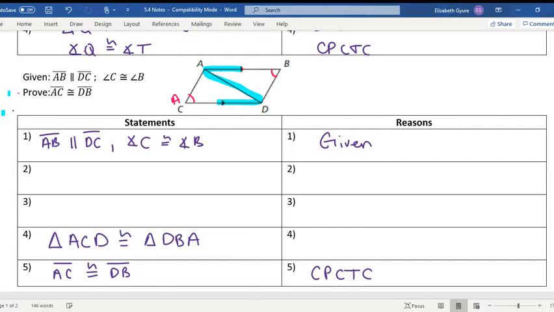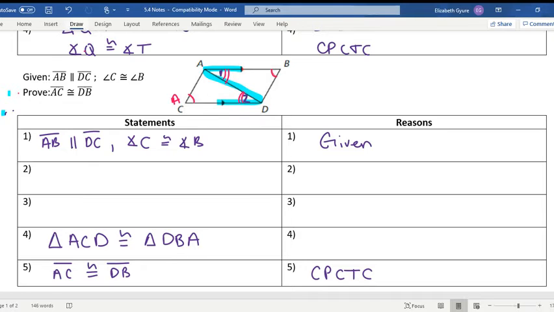I'm going to say that this top one is angle 1, and then this one's angle 2. And what can we say about our alternate interior angles? We can say that they're what? Congruent. Good. So I'm going to mark that these are congruent.